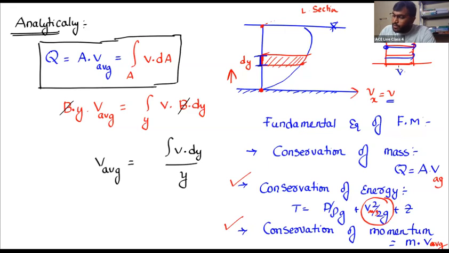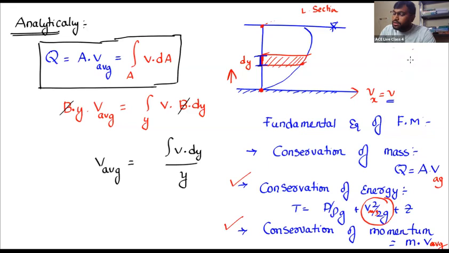If I say at this point V, everywhere the velocity is going to be V, then do I apply any correction? No. If the velocity distribution is uniform, you don't need to apply any correction.